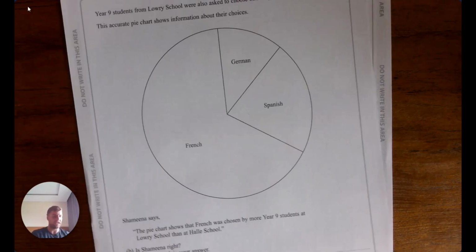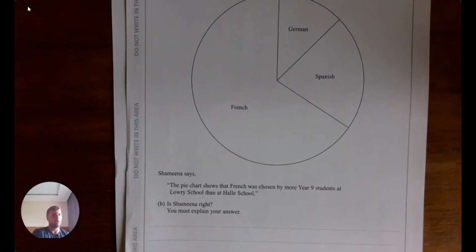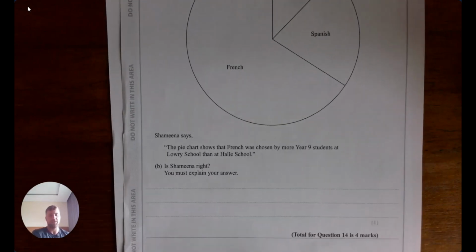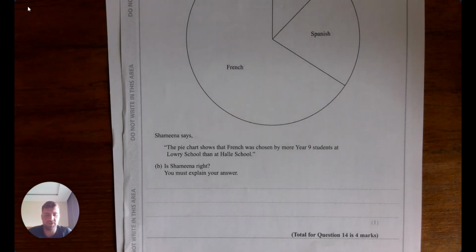Now we can see the French section is bigger, okay? But that just means the proportion is bigger. We don't actually know that the number of students is bigger because we were given no totals for Lowry School.